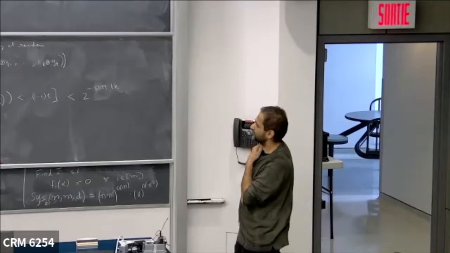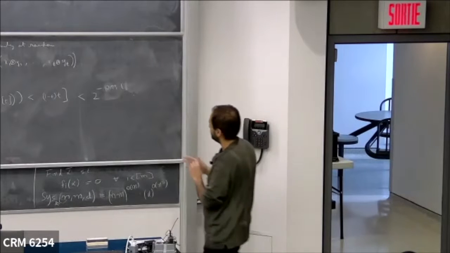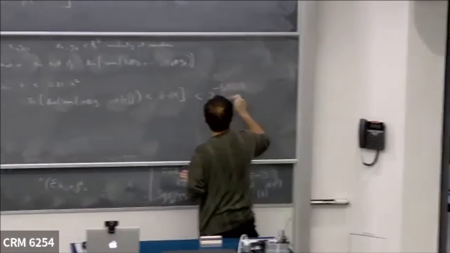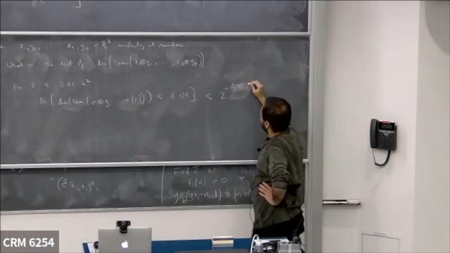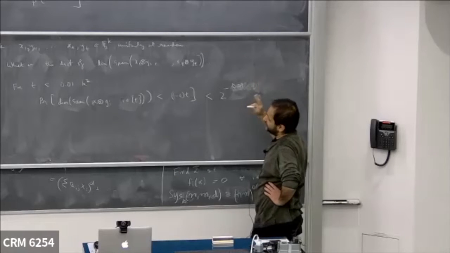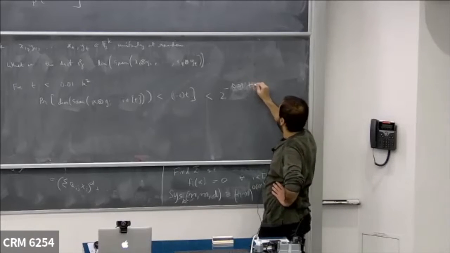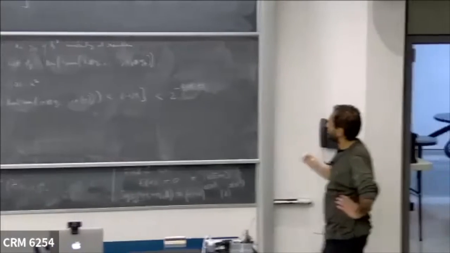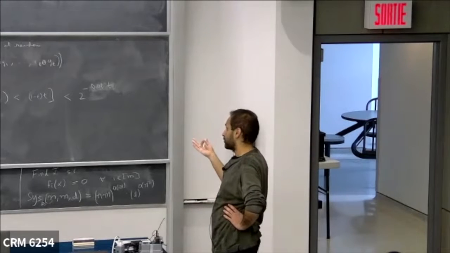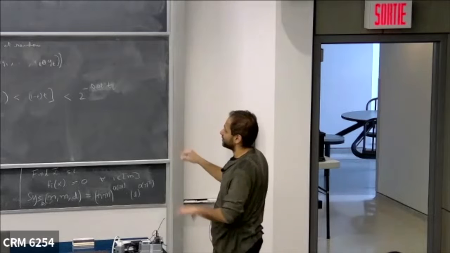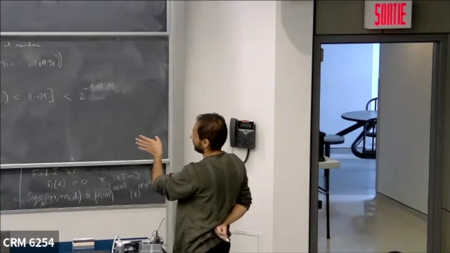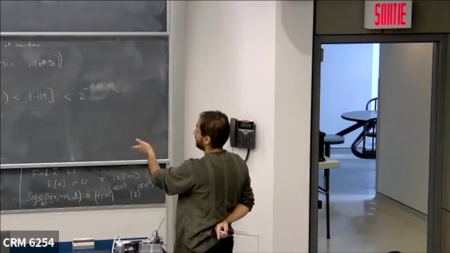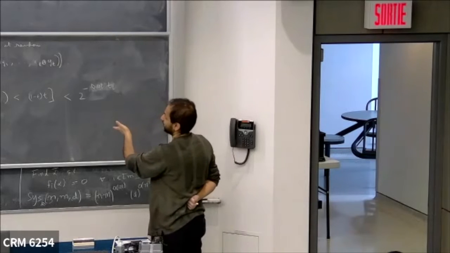Is that what I want? When t is small, I want it to be good. I think I messed something up. For t smaller than this, what's the best I could hope for?